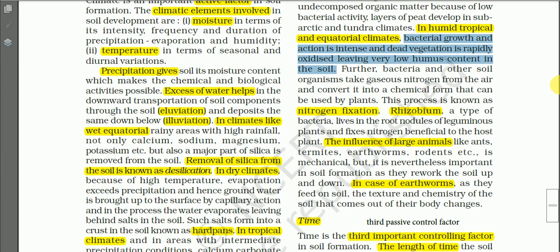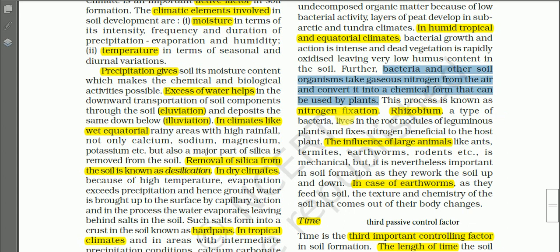That means all those dead bodies and leaves of the plants are oxidized, decomposed totally, and so it gives good nutrients to the soil. And at the same time, bacteria and other soil organisms take gaseous nitrogen from the atmosphere and convert it into a chemical form that can be used by the plant.